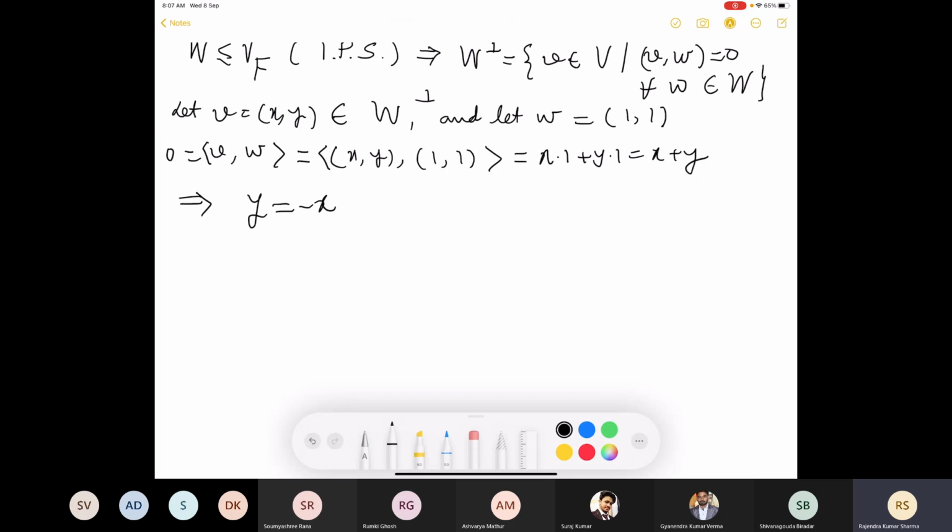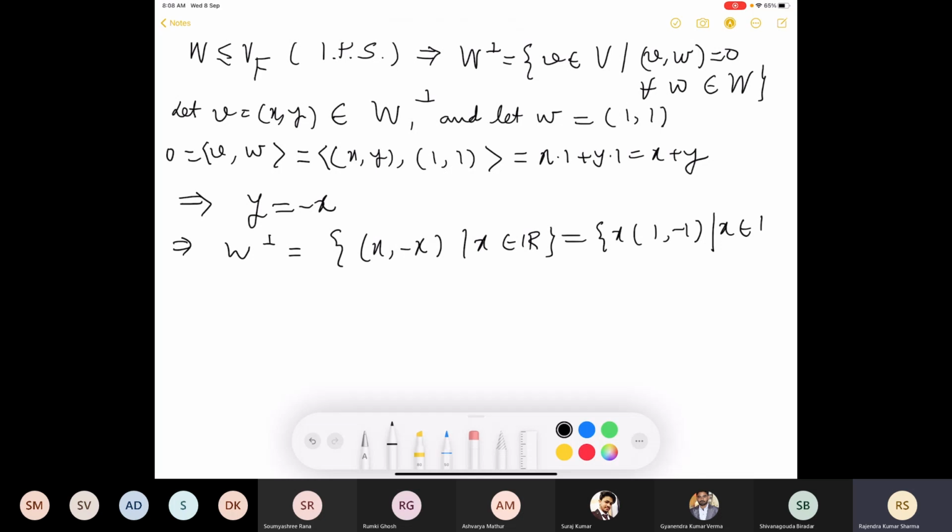Which you can otherwise also check by taking the inner product with the other vector and getting the same equation, y is equal to minus x. So W orthogonal consists of vectors (x, minus x), where x is a real number. So this is the same as x times (1, minus 1) for every x in R.